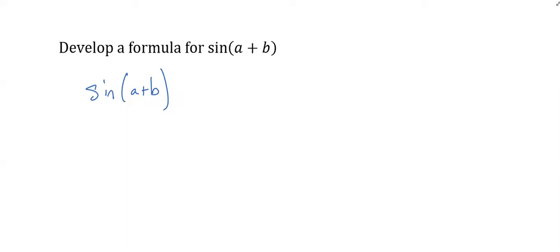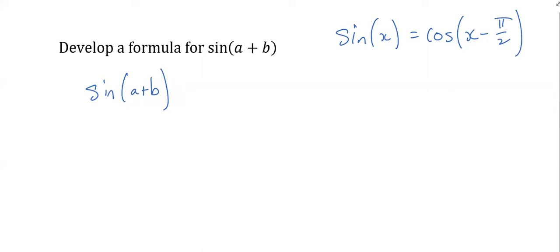What if I help a little bit like this? Sine of x equals what? What did we just do? Equals cos of x minus pi over 2. Can I replace x with anything I want? Yes. So now what do I do?